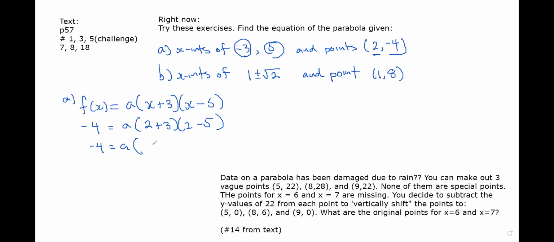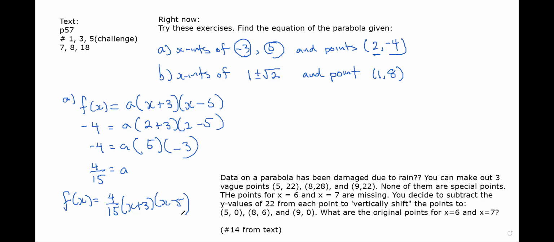Work that through. 5 times negative 3. Is that right? Yeah. Okay, negative 3, 2, and 2 minus 5 plus 3. Okay, that's a 5, and that is a negative 3. So we have a times negative 15. A would be negative 4 divided by negative 15. It would be positive 4 over 15. My final answer should be positive 4 over 15, x plus 3, and x minus 5.